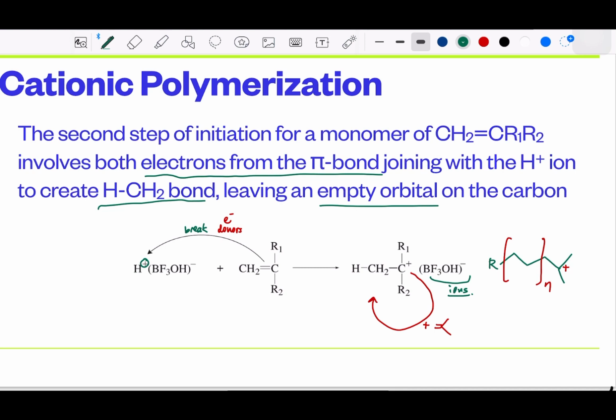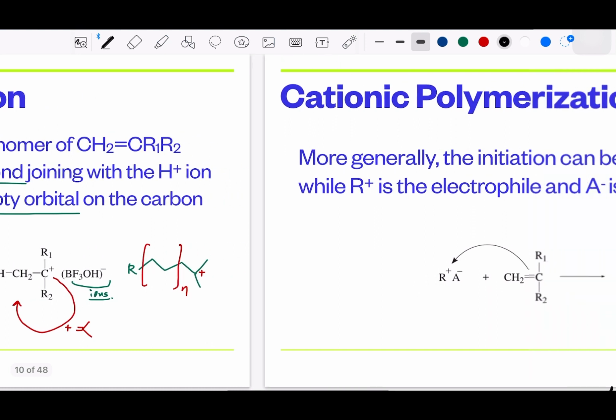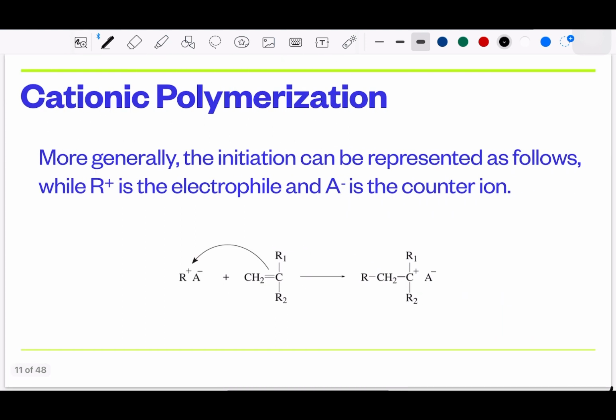Of course, because of this behavior, the monomers will be limited for cationic, as we see from the table. And if you want to make it more general, RA is more general.